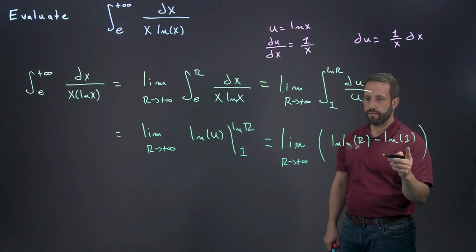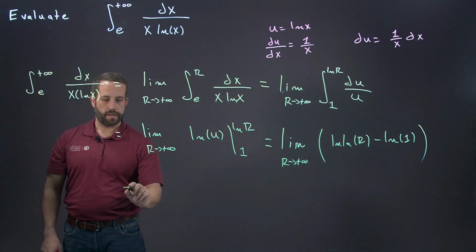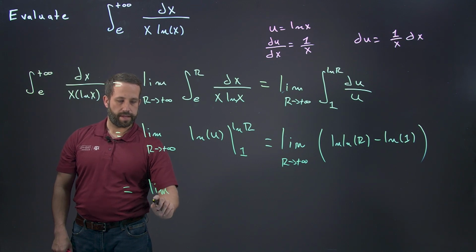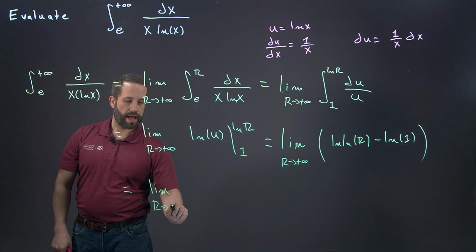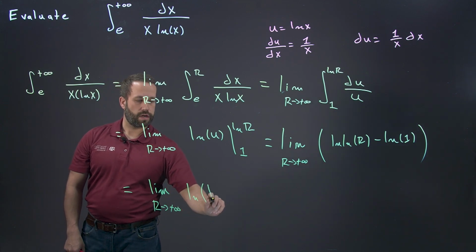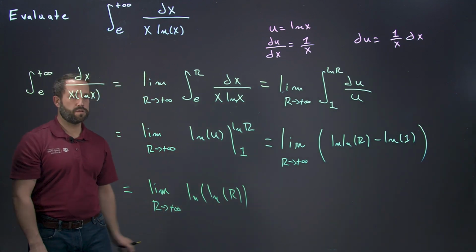Well, the natural log of 1 is equal to 0, and so this is just equal to the limit as r goes to infinity of the natural log of r.